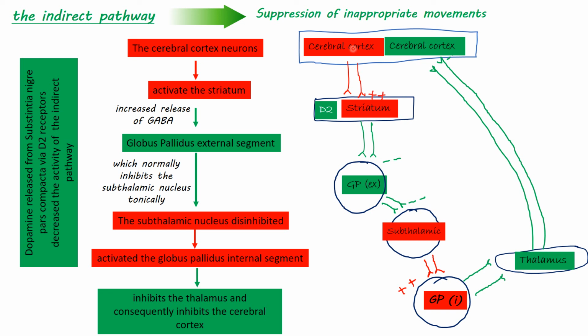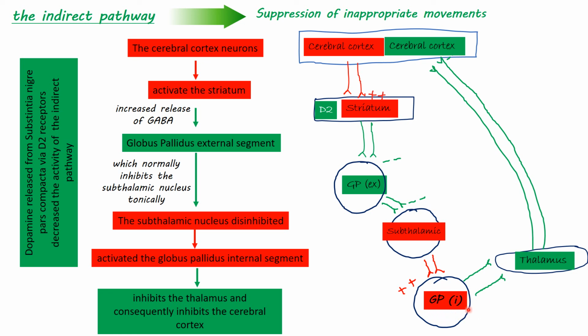So again, excitation of the cerebral cortex associated with stimulation of the striatum increases the release of GABA on the globus pallidus external segment. This will produce less GABA released from the globus pallidus external segment to the subthalamic nucleus. Subthalamic nucleus becomes disinhibited, or in between brackets stimulated, stimulating the globus pallidus internal segment.